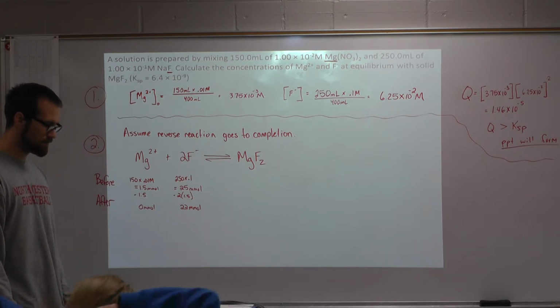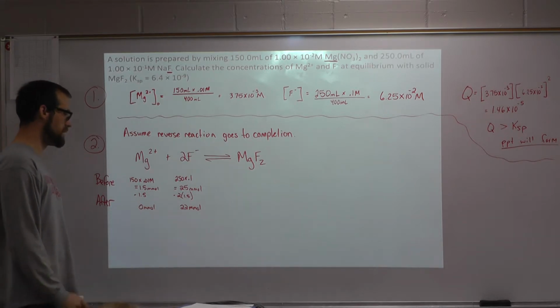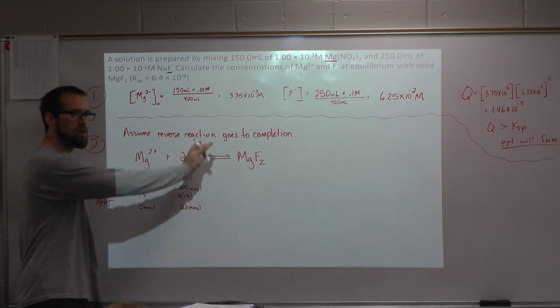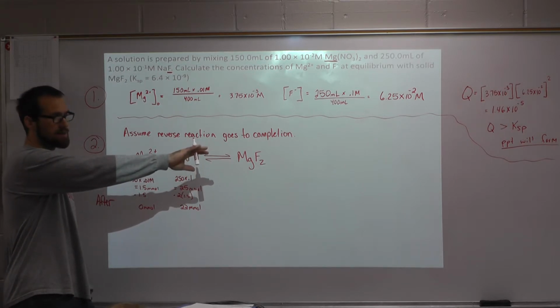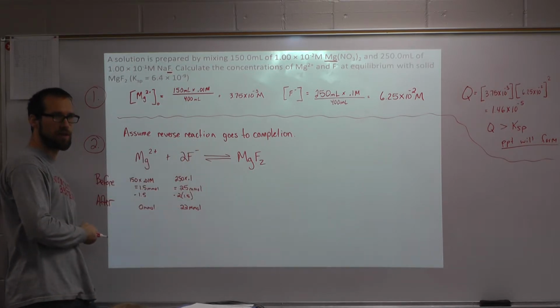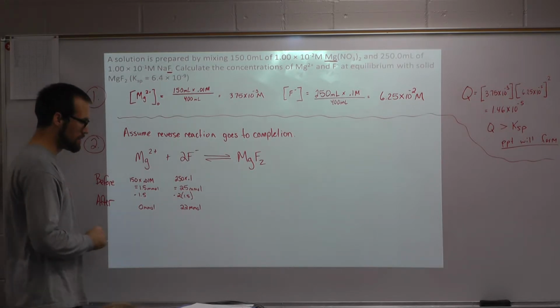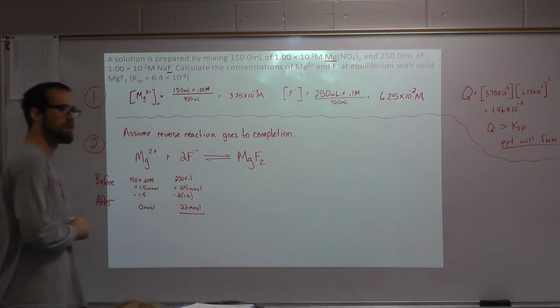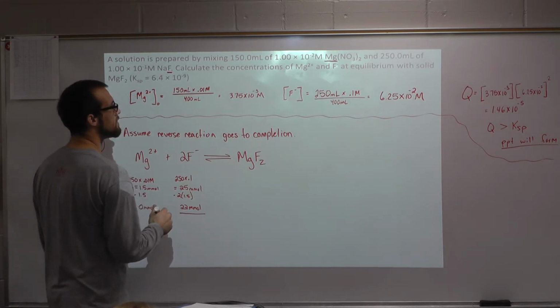Okay? Now, I know that I have a lot of this F minus. When we go over and do the equilibrium stuff, we're going to find that that's probably just going to be the important number for my F minus. But let's actually find what the molarity of that is. Divide by what did we say, 400?